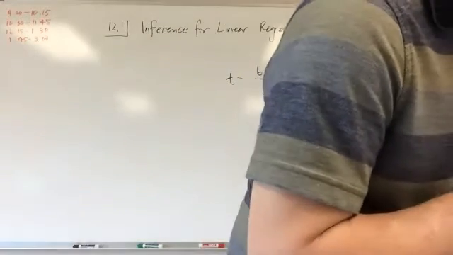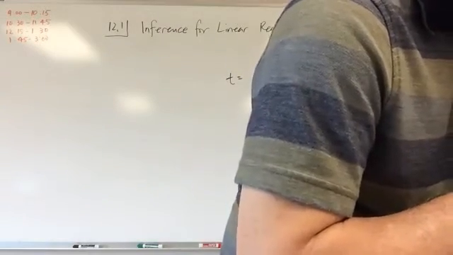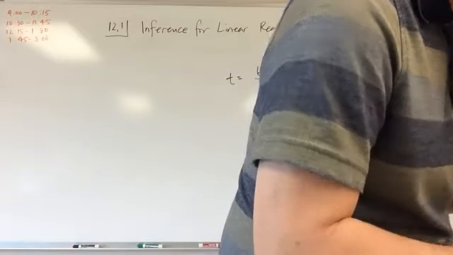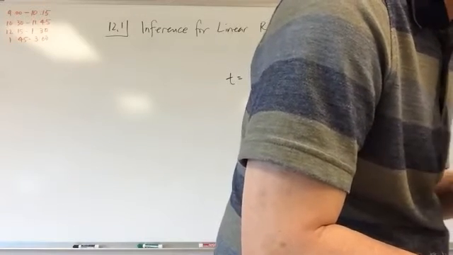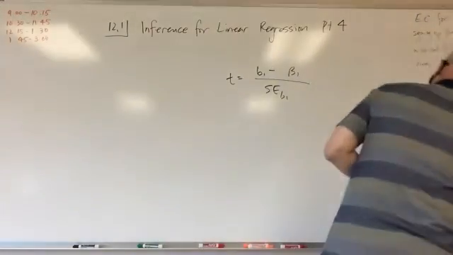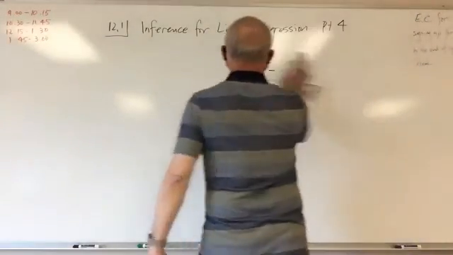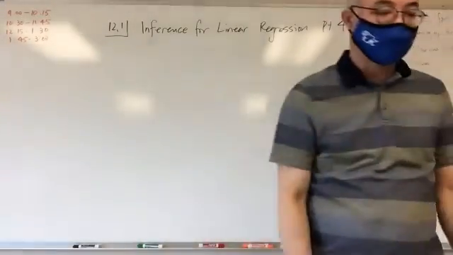Find the p-value again, calculating the probability of getting the same thing. You're still going to use the degrees of freedom of n minus 2, and compare it to the alpha. And then either reject or fail to reject the Ho, right?